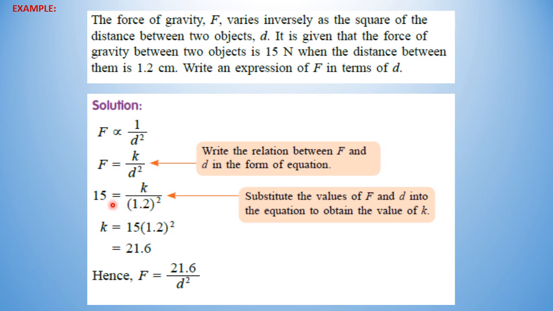After that, multiply, and you get 21.6 for the value of k. After you get the value of k, you get the value of the constant. So you write the equation. Express F in terms of D. That means the equation of F. So F equals, k changes to 21.6, over D squared.